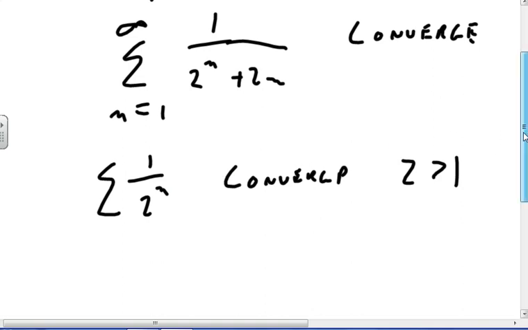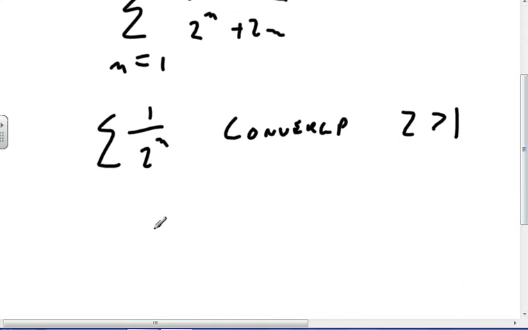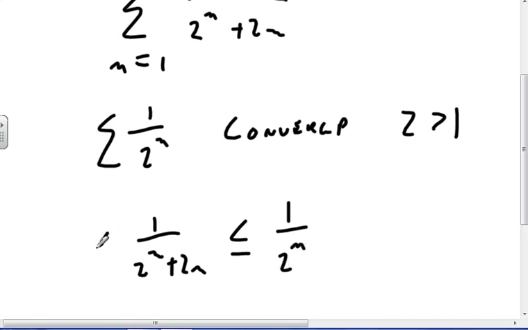And then the comparison test says that 1 over 2 to the n plus 2n is less than or equal to 1 over 2 to the n, for all n. So I'm always going to be smaller than the guy that I know already converges. If I could spell converge. Therefore, by the comparison test, I converge. All right, enough of that.